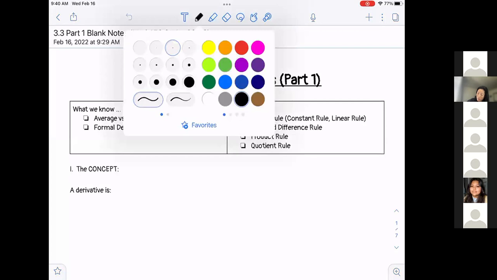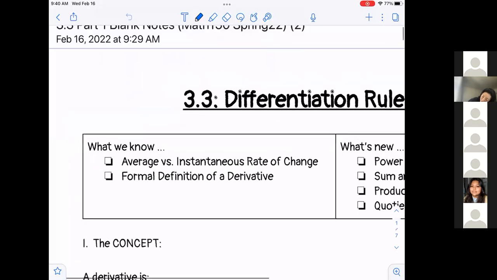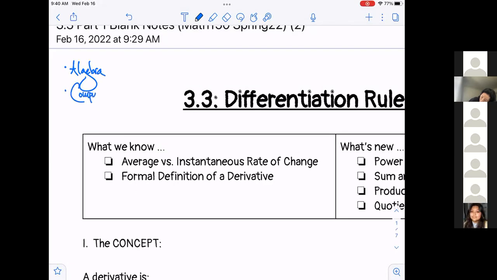But one thing to keep in mind about the next few sections is we're going to be using a lot of algebra. And we're going to be computing things, computation.